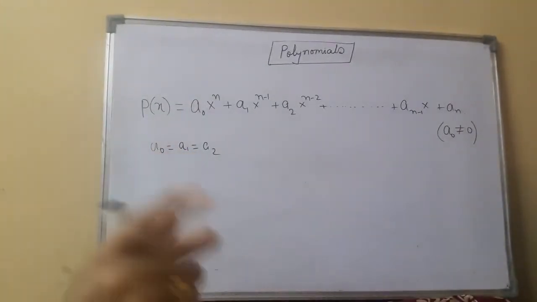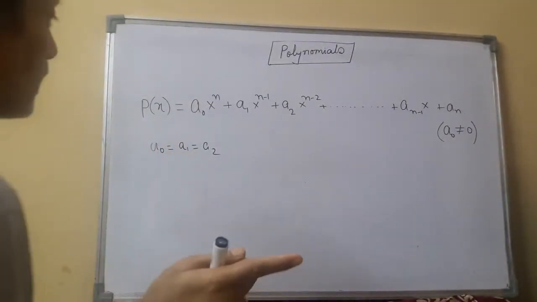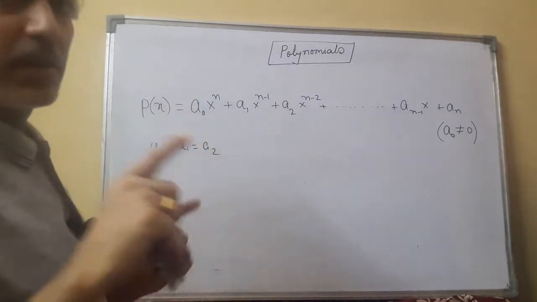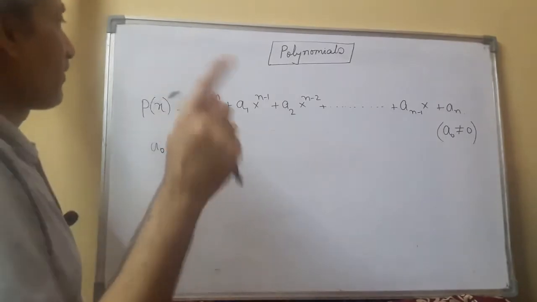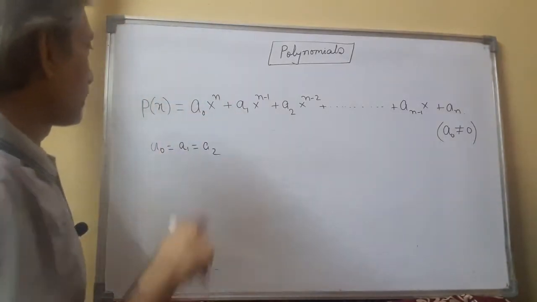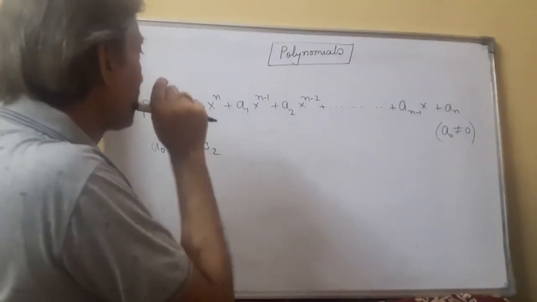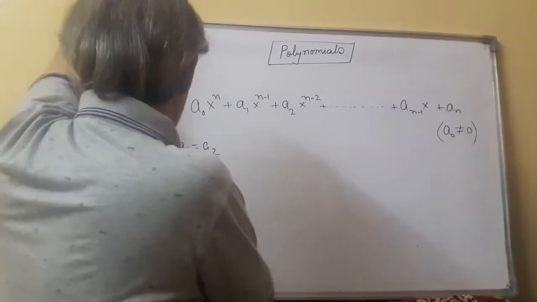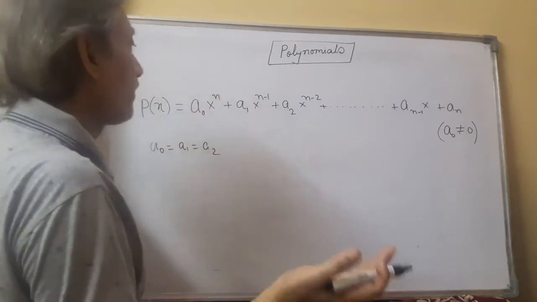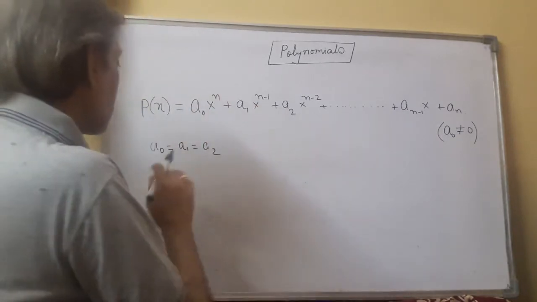Make sure n is a whole number. We cannot say n is an integer because this power n cannot take negative values. So n will be a whole number, or non-negative integer, you can say.